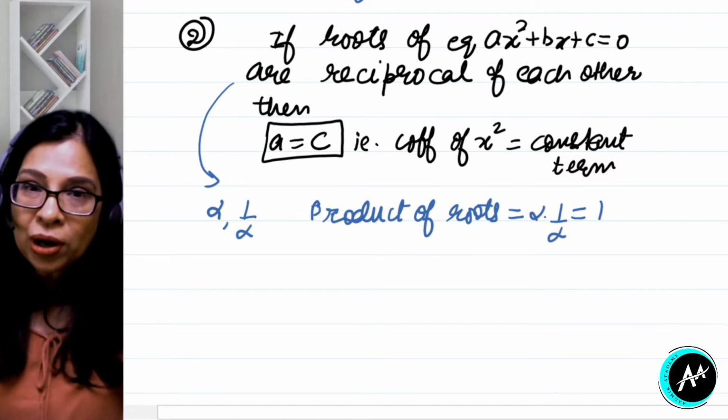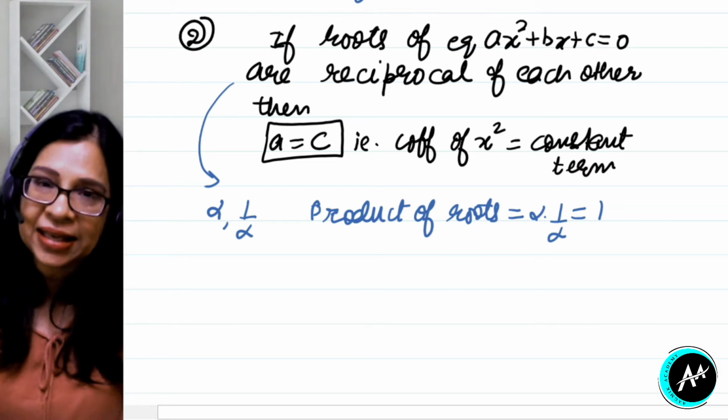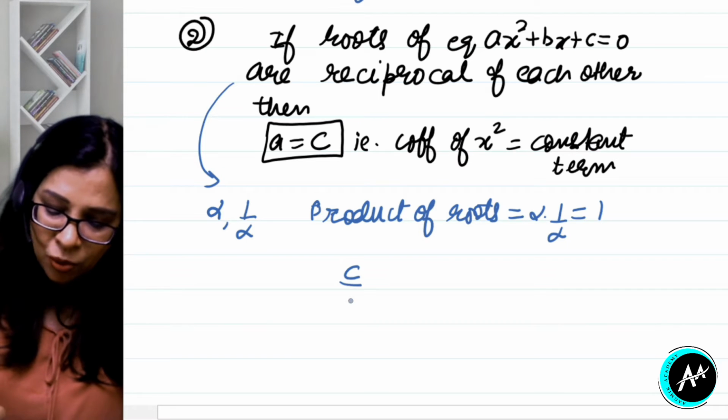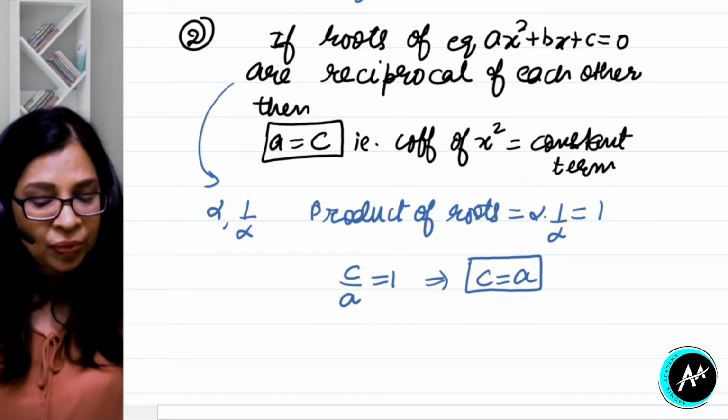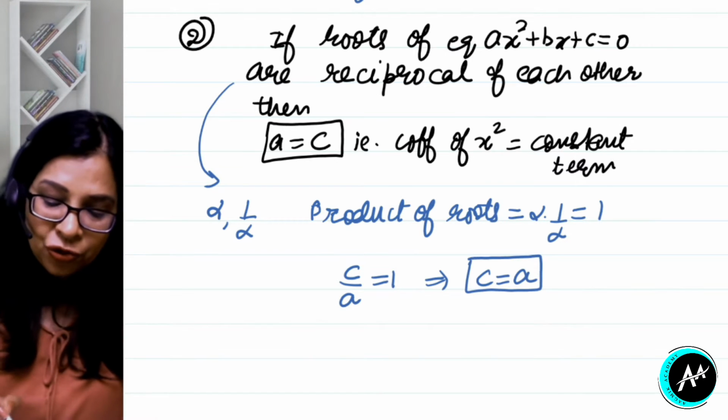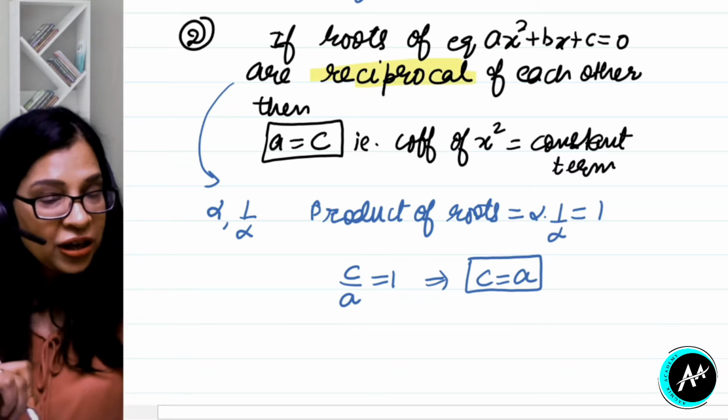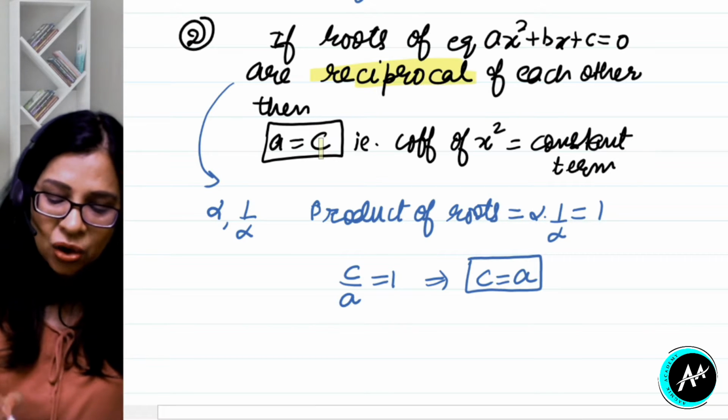Now remember the formula for product of roots, it was c upon a. So I have c upon a equal to 1. If I cross multiply, I get c equal to a or a equal to c. So what's the second result? That if roots are reciprocal of each other, then I have a equal to c.